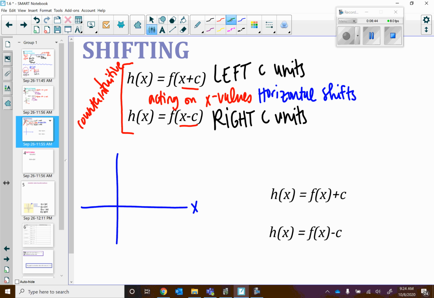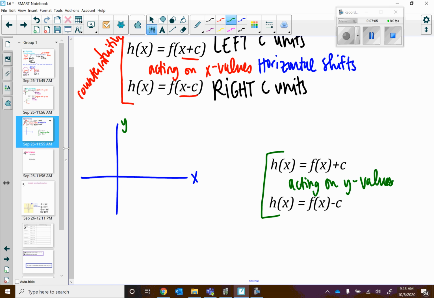So then let's look at these two. These two right here are linked because the c value, that constant, is being added outside of the function. So it's really being added to the y values. This is acting on our y values. And so if we're thinking about the y-axis, this is our vertical axis.